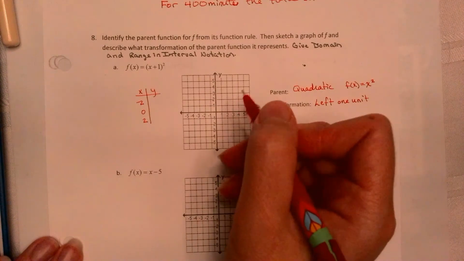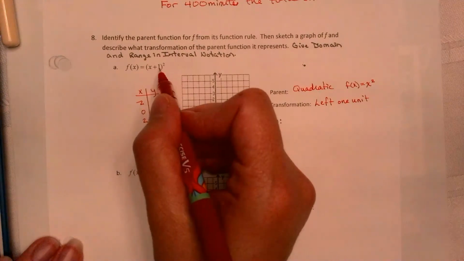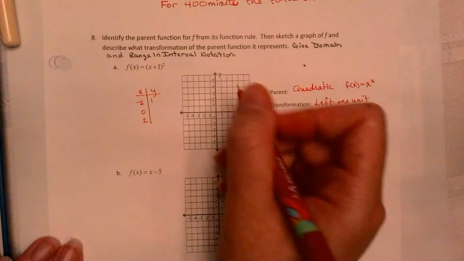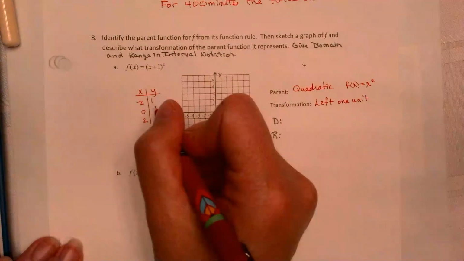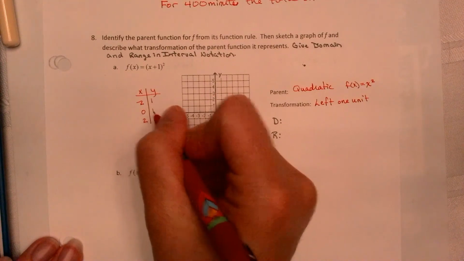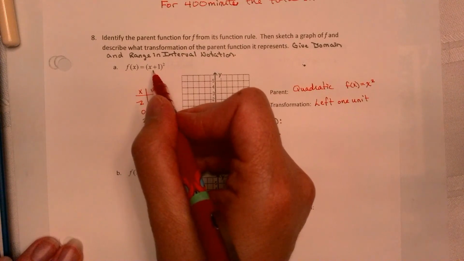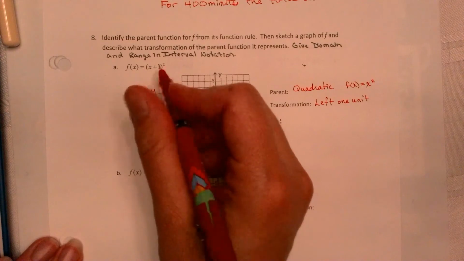I might need to fill in some gaps, but that's my start. So -2 plus 1 is -1. I square it, I get out 1. 0 plus 1 is 1, and I square it, and I get out 1. Then I put in 2 plus 1, and I get 3, and I square it, I get 9.